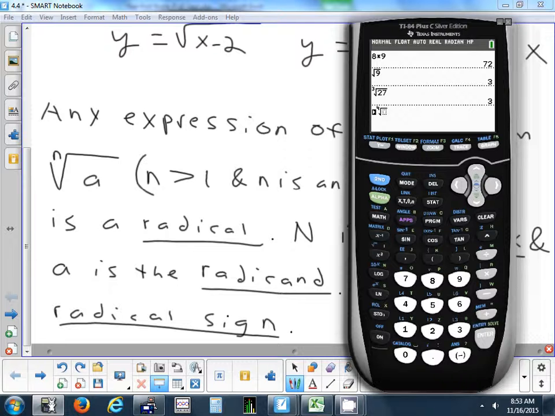If I type in 16, what number times itself 4 times is 16? 2. 2 times 2 times 2 times 2 is 16. Any questions on how to type in roots?